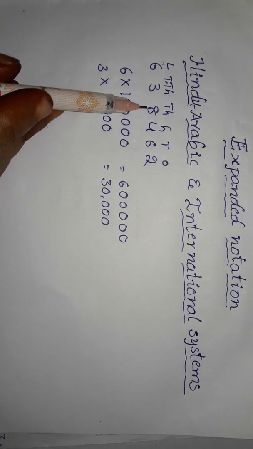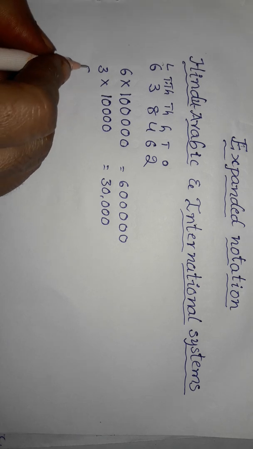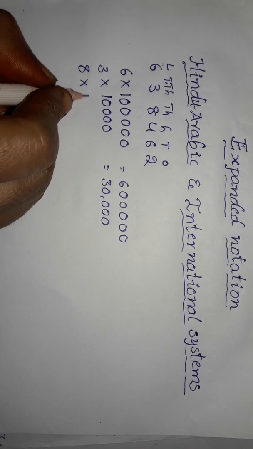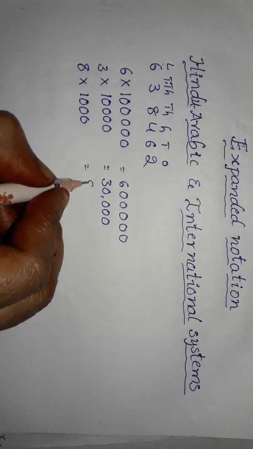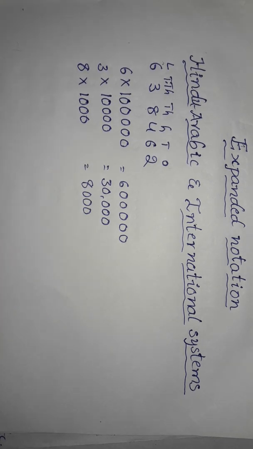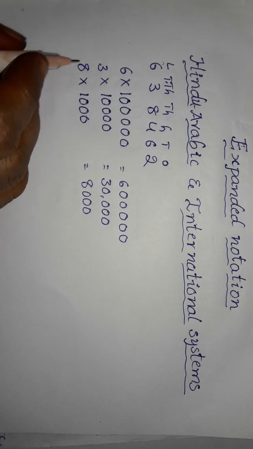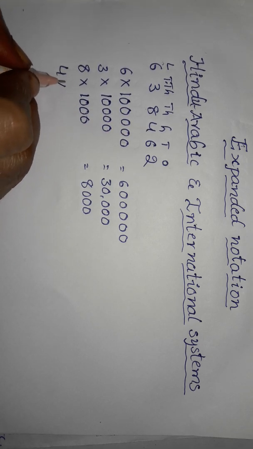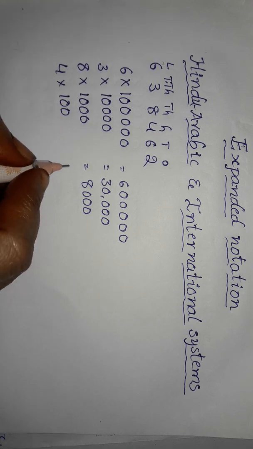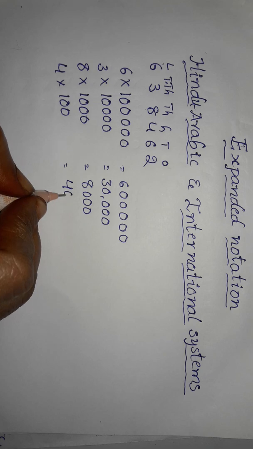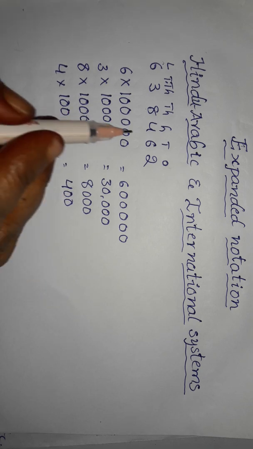What is the next number? 8. 8 is in thousands place. 8 into 1000 is equal to 8,000. What is the next digit? 4. In which place is 4? Hundreds. 4 into 100 is equal to 400.